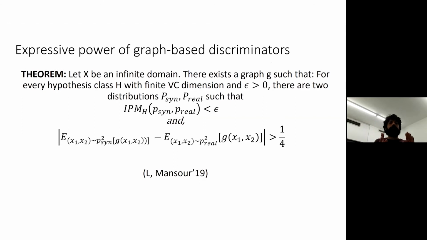There is no hypothesis class that succeeds whenever this graph succeeds. So that means that graph-based distinguishers are more powerful, or at least different. They are different tests than any hypothesis class. They will induce an IPM metric that cannot be defined by some hypothesis class.